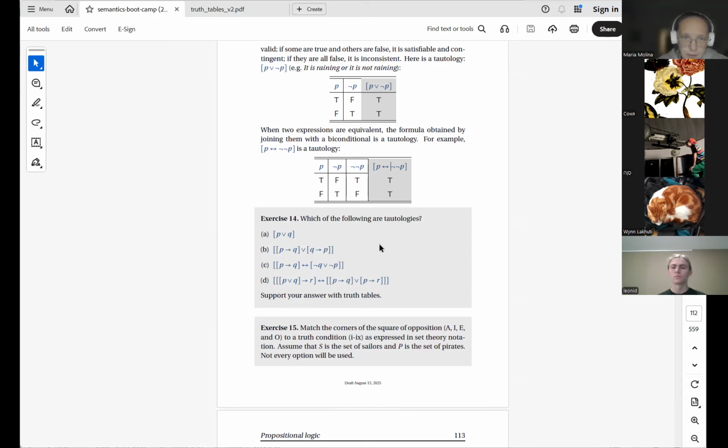So, exercise 14. Which of the following are tautologies? Ideas?